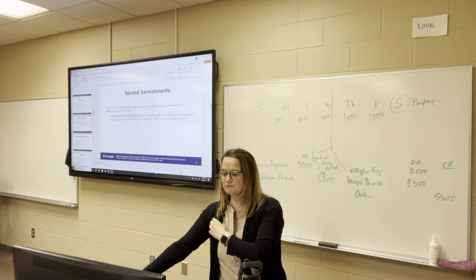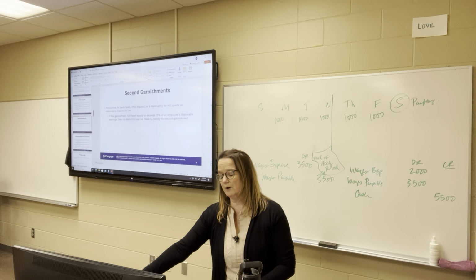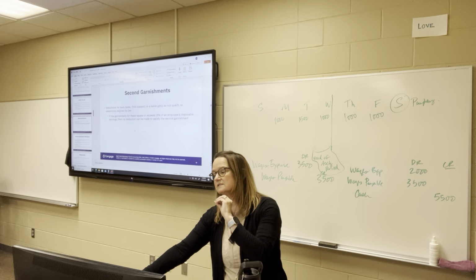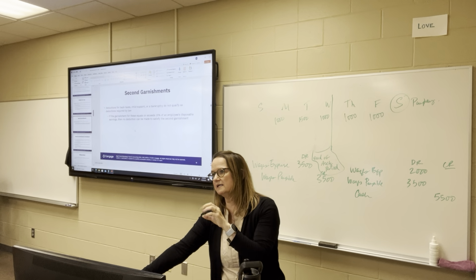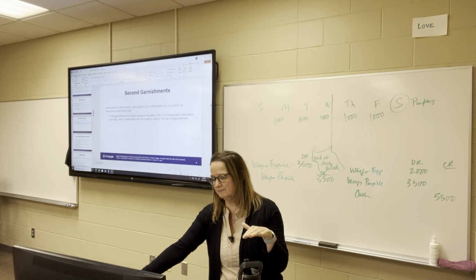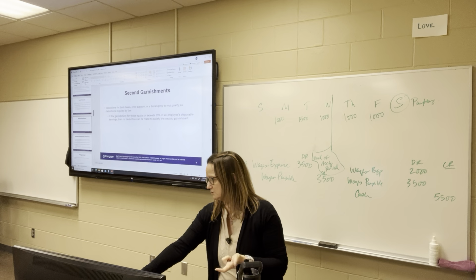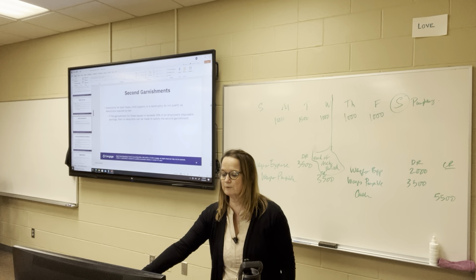So the deductions for back taxes, child support, or bankruptcy do not qualify as deductions required by law. And what they mean by that is, obviously it doesn't apply to everybody, but things like federal income tax withholding and Social Security tax withholding, all of that would be required by law.